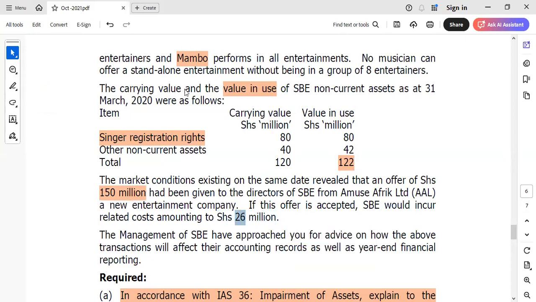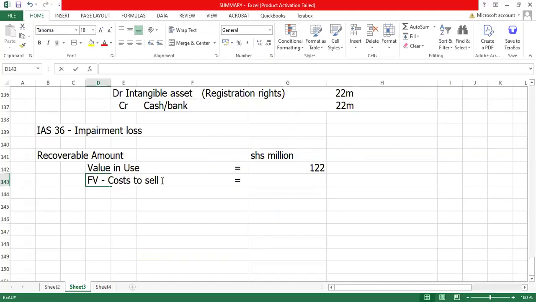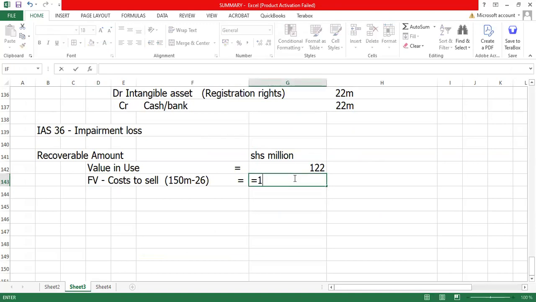So get 150 million minus 26. What do you get? You get 124.